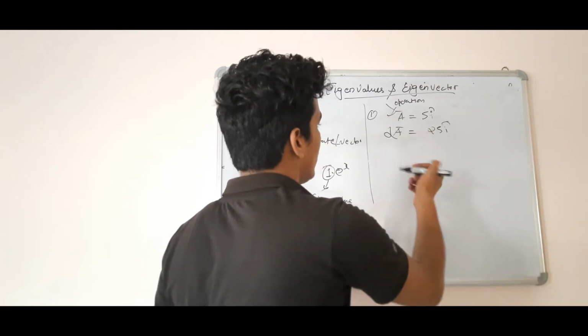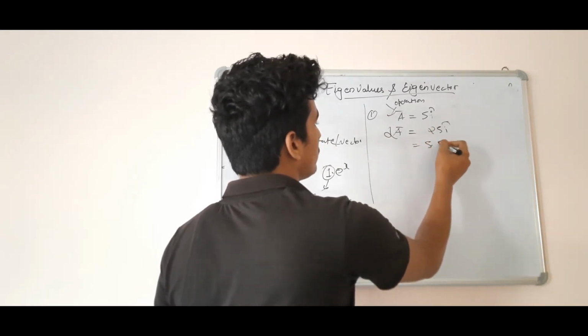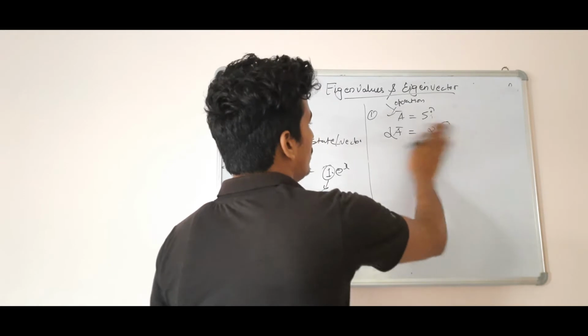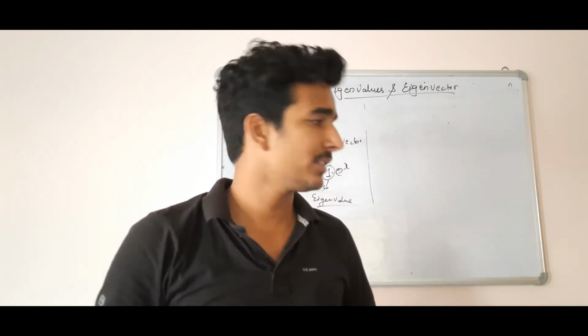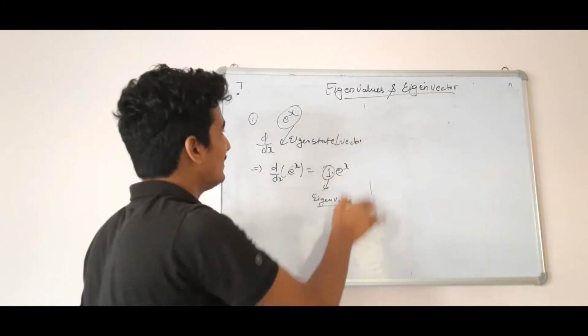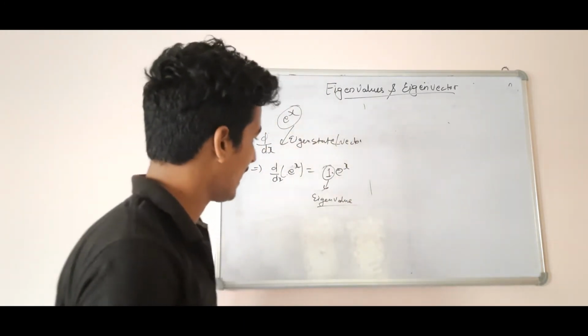So what I can say, my eigenvalue is 5 and the state is conserved. Now you can't take this vector as an example of eigenvalues. I'm just giving you an interpretation. So this can be considered as an example of eigenstate and eigenvectors.